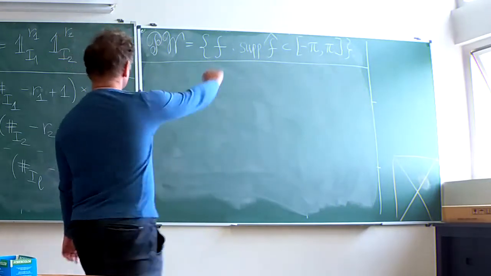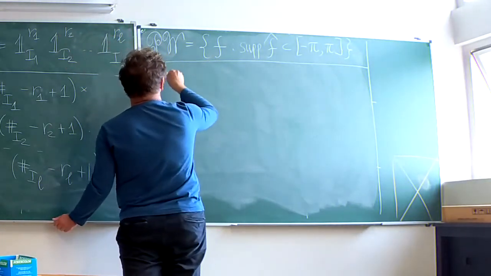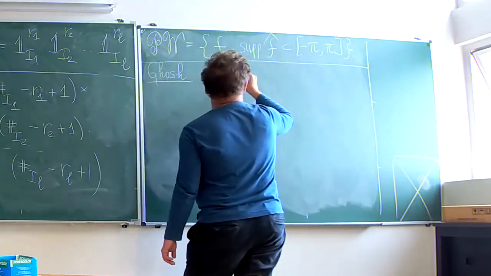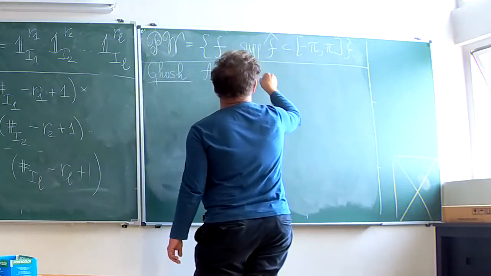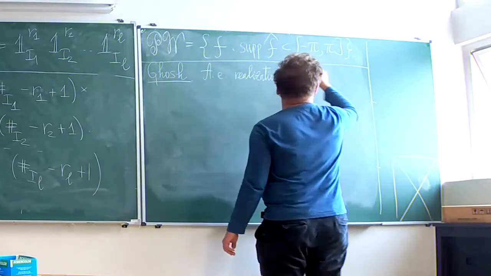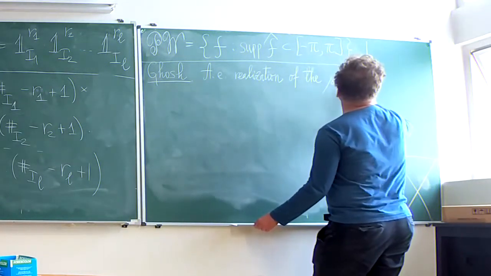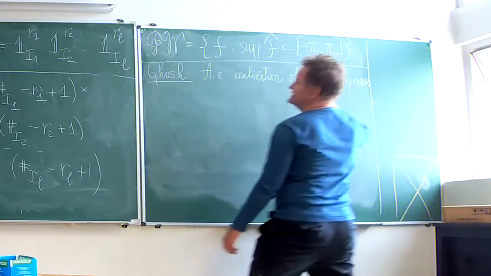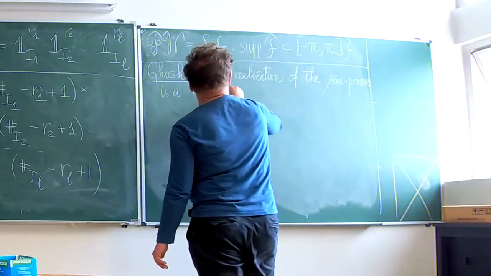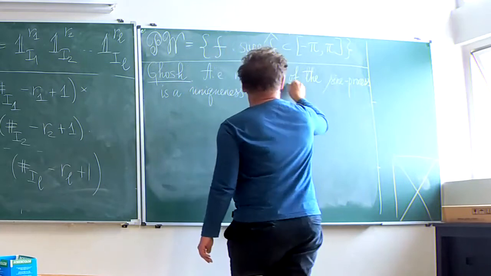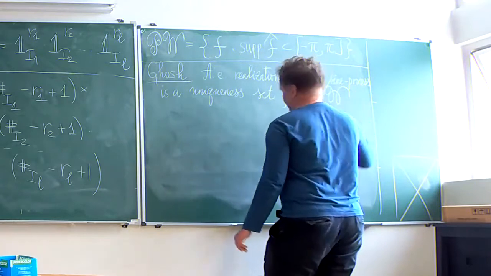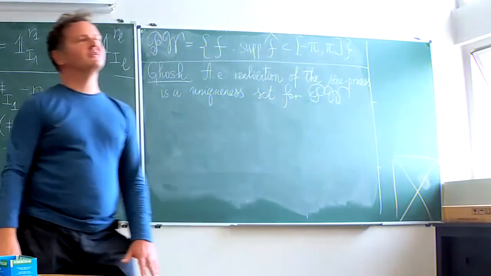There is the theorem of Gauche, which says that almost every realization is a uniqueness set of coordinates. What does it mean, uniqueness set? It means that any such function is uniquely determined by its restriction onto this set.